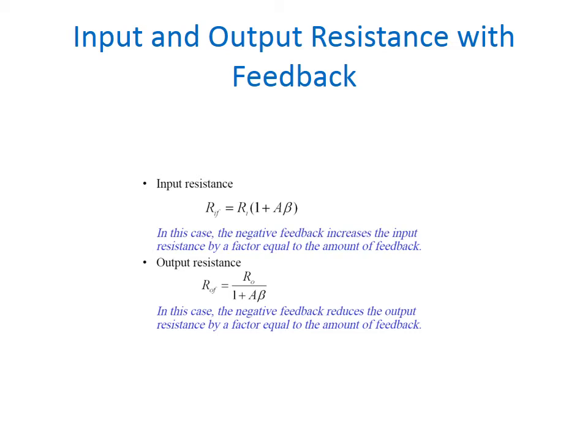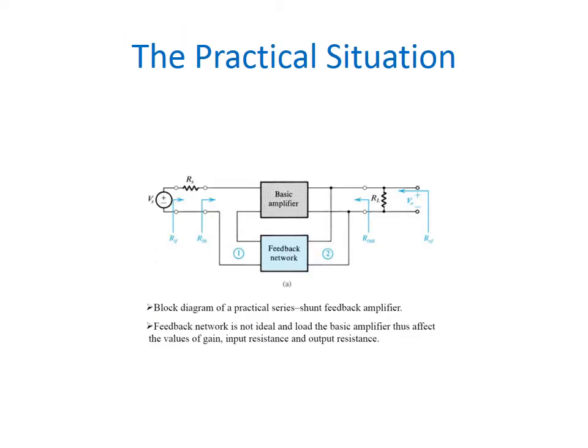Output resistance is given by R0F, which is equal to R0 by (1 plus A beta). So here the negative feedback will reduce the output resistance by a factor equal to the amount of feedback. So this is the practical value. Here the practical diagram is represented including the load which will affect the values of gain, input resistance and output resistance.